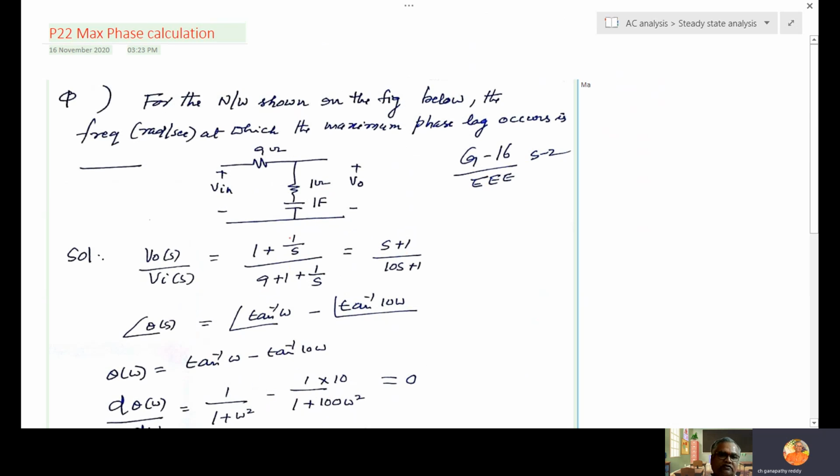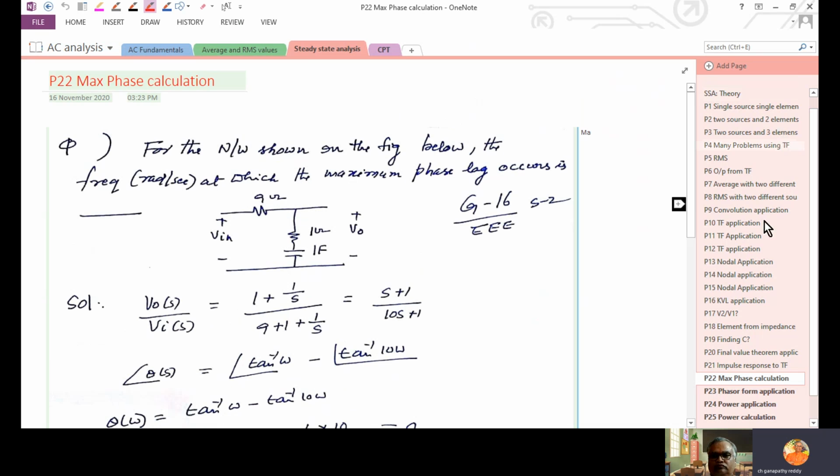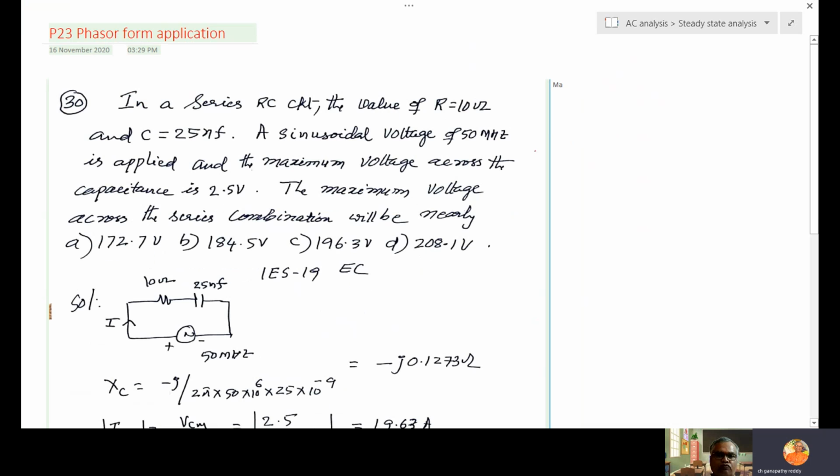GATE 16 asked for EEE. So, phasor form application. In a series RC circuit, the value of R is 10 ohm and C is 25 nanofarad.